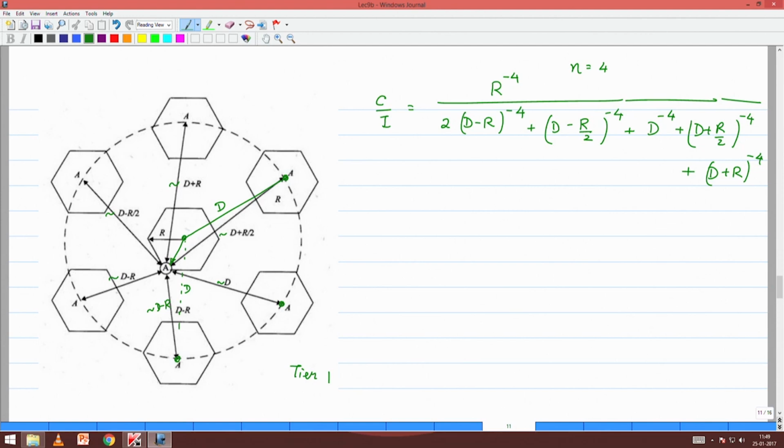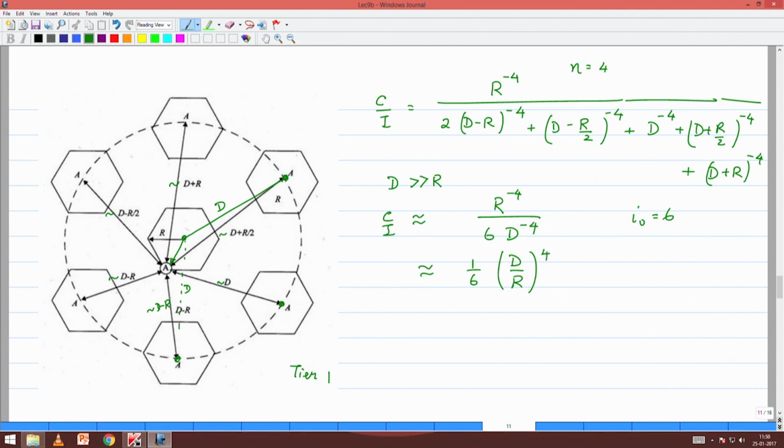Okay, 6 interferers. Now, if I make the assumption that D is much larger than R, which is typically the case if I have large cluster sizes, then I can approximate this C over I calculation as R to the power minus 4 divided by 6 D to the power minus 4. This is the case where the number of interferers is equal to 6, and therefore I get 1 by 6 (D by R) raised to the power 4, or D by R raised to the power n.